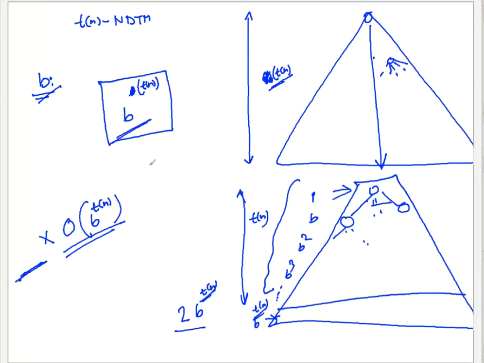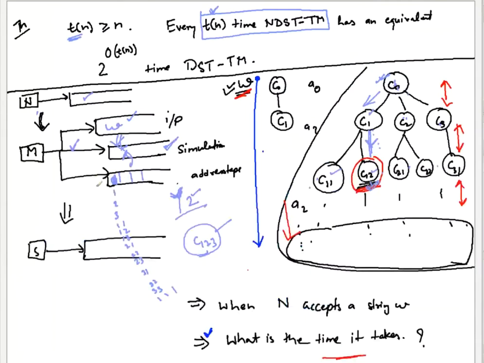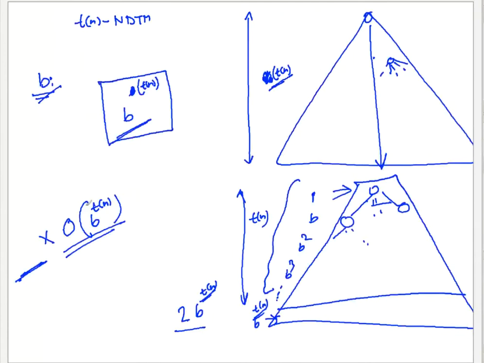So this order of b to the power Tn is all the possible addresses, and every address you are simulating. So if you find how much time every simulation step takes, you will have the overall running time.